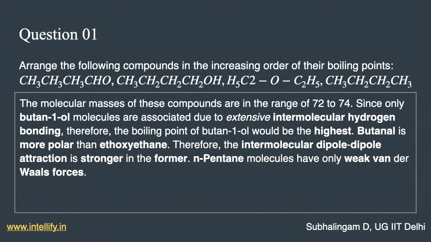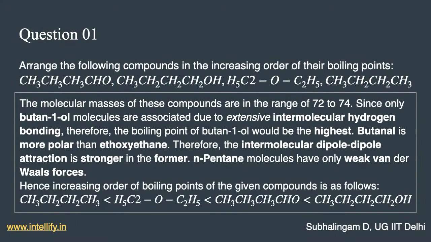Therefore, the intermolecular dipole-dipole attraction is stronger in the former. N-pentane molecules have only weak van der Waals forces. So, from whatever explanation I have given, I will conclude that n-pentane has the lowest boiling point among these. Then, following that is ethoxyethane, that's an ether. Then butanal, that's an aldehyde. And the highest boiling point among these is butanol, that's an alcohol.